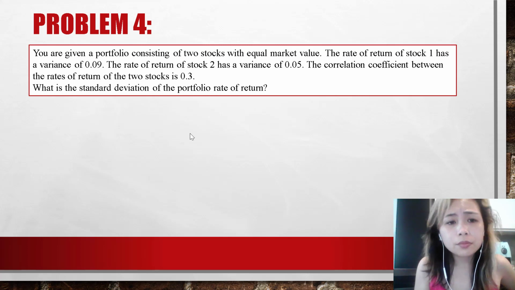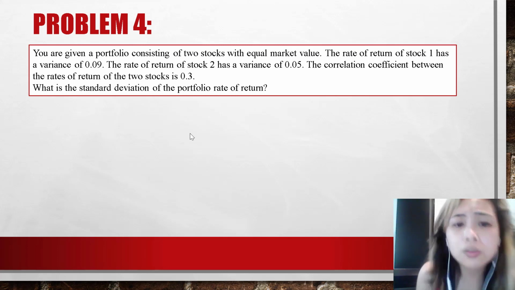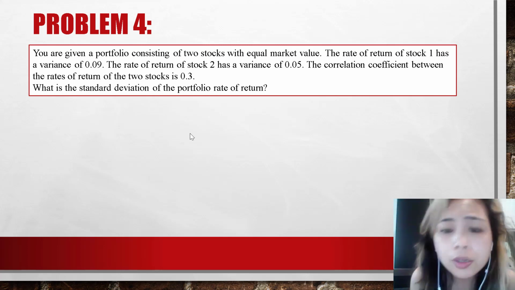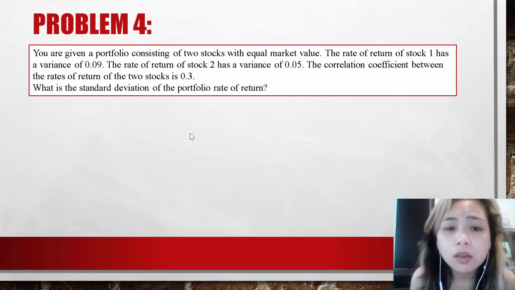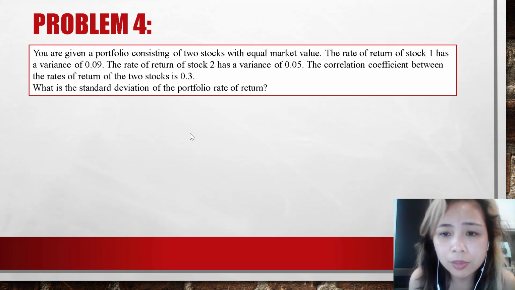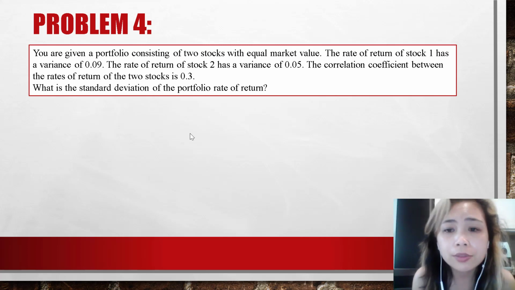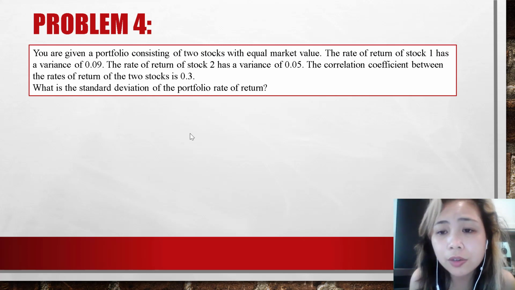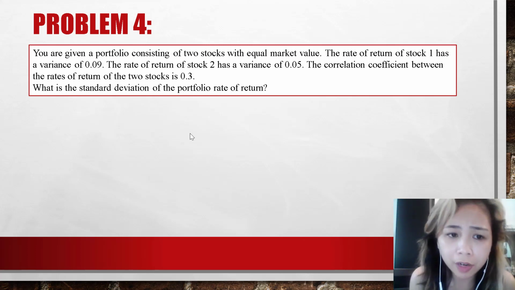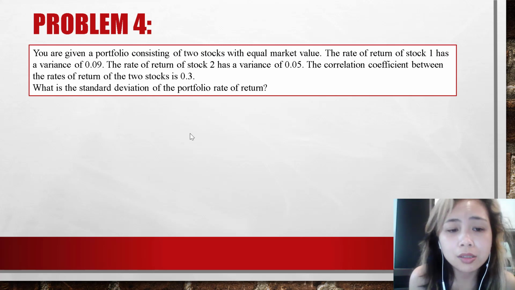So here we have a portfolio consisting of 2 stocks with equal market value. So we basically can use the weights 50% and 50% respectively. And in order to find the standard deviation of the portfolio, we have to first find the variance of the portfolio, then take the square root.